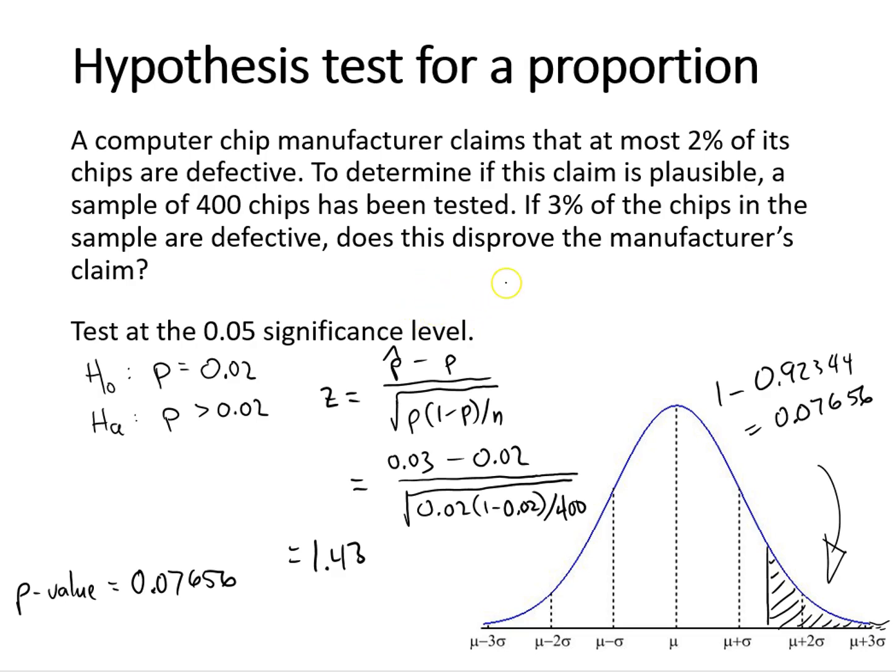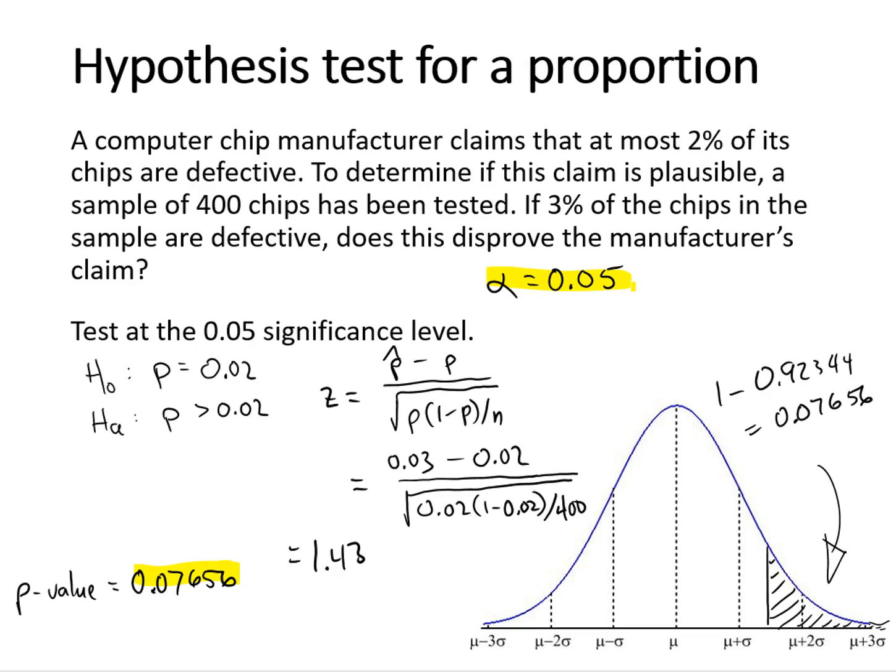At the 0.05 significance level, alpha is 0.05. We now look at our p-value, and we want to know, is our p-value greater than or less than our alpha?